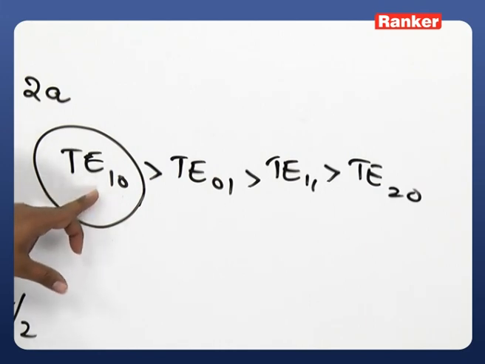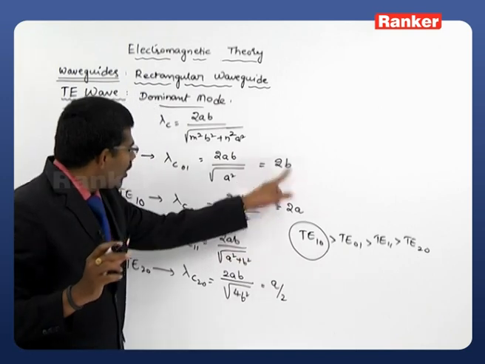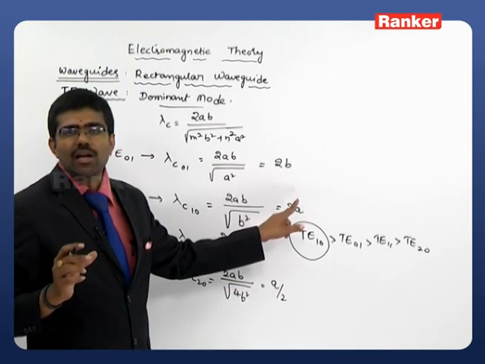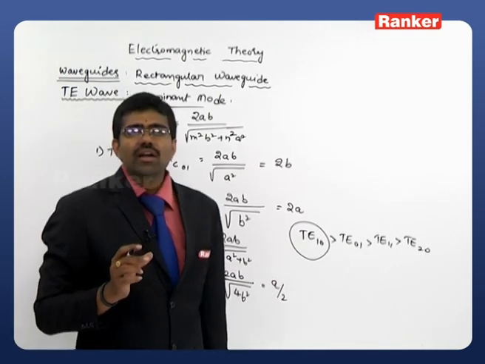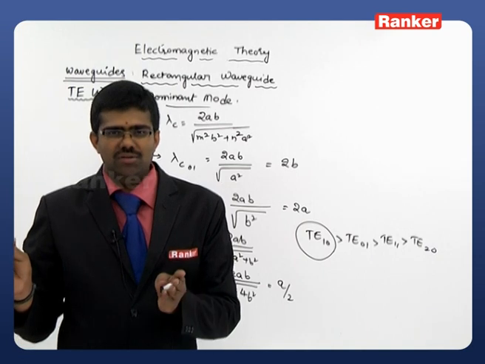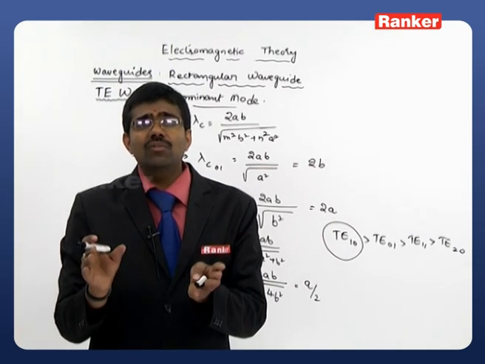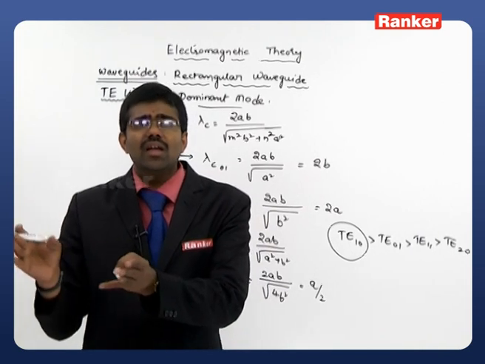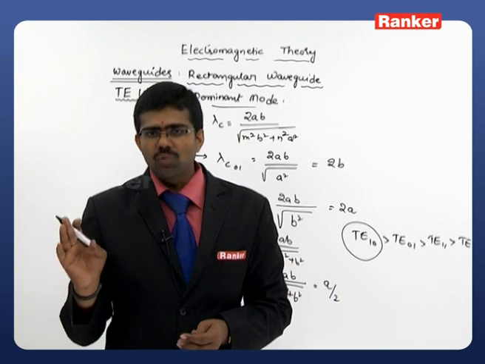Clearly, once again remember that the mode which has the highest cutoff wavelength among all these, 2A is the highest value. That's why this particular mode TE10 is said to be the dominant mode. And the remaining modes are degenerate modes. Degenerate modes means the mode which has similar cutoff wavelength or frequency with an adjacent mode or any other mode, that is called a degenerate mode.